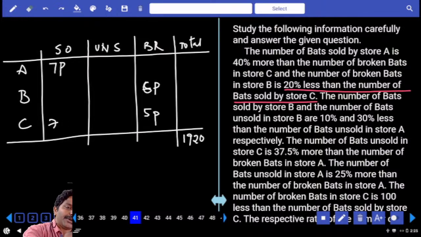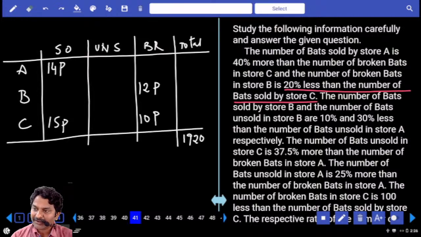So what I want to do is double it and write. So in place of every number we have written so far, let's write twice of it, which is 12 parts, 10 parts, 14 parts, 15 parts. I don't want to write decimals. That is the reason why I multiplied with 2. Is that okay? Fine? Right, continue.